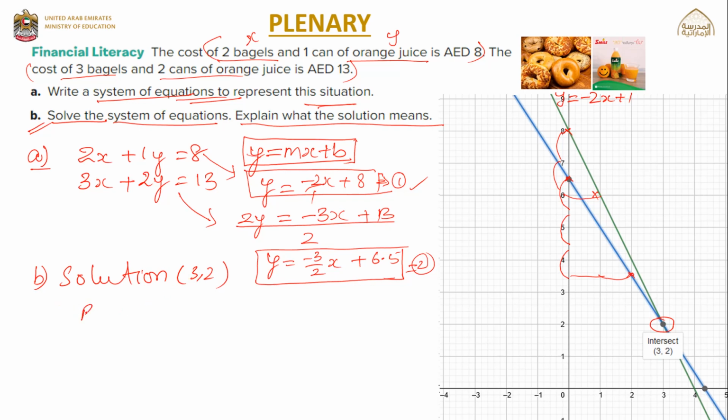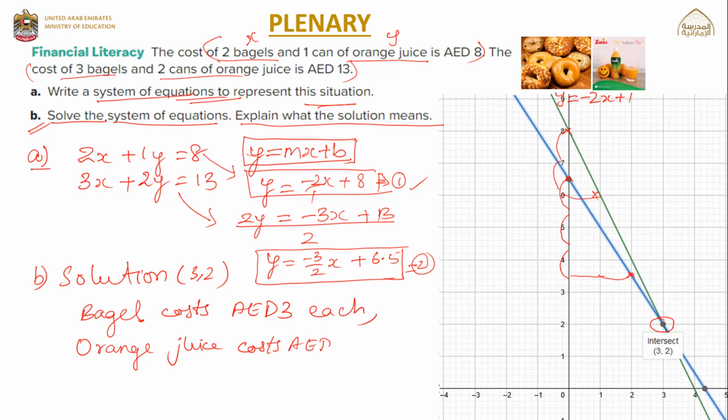This means the bagel costs 3 dirhams each, whereas the orange juice can costs 2 dirhams per can. So that's the solution. So I hope you enjoyed this lesson, right?